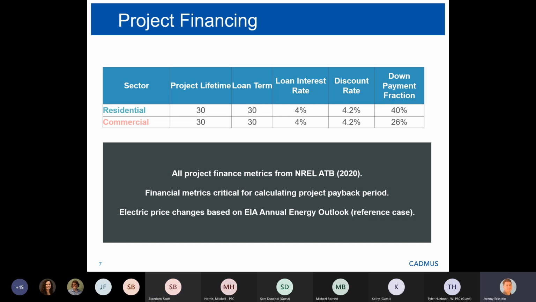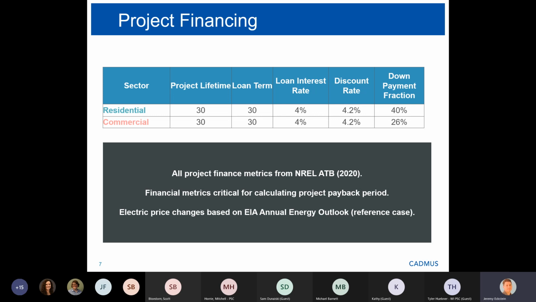We were thinking that we may consider adjusting the down payment fraction based on previous discussions to see what impact that has. And for income qualified customers, we also thought that we might adjust the down payment fraction, and we'll get to that shortly, given various constraints that income qualified customers might have, as well as the discount rate.